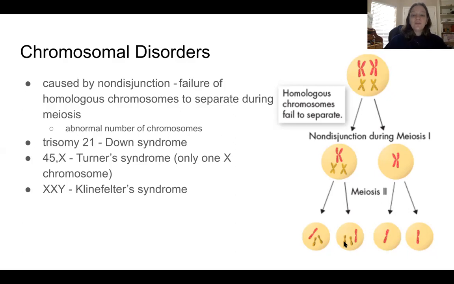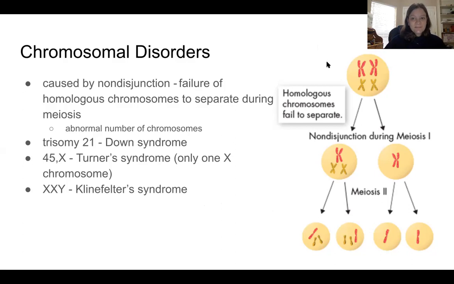So you end up with an abnormal number of chromosomes. There's only a handful of chromosomes that can go through this non-disjunction and still produce what we would call a viable zygote or a viable individual. Viable meaning they would actually survive.